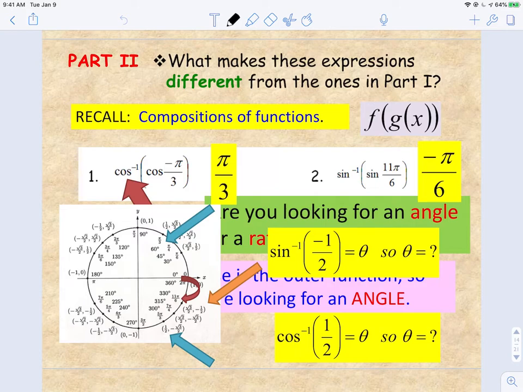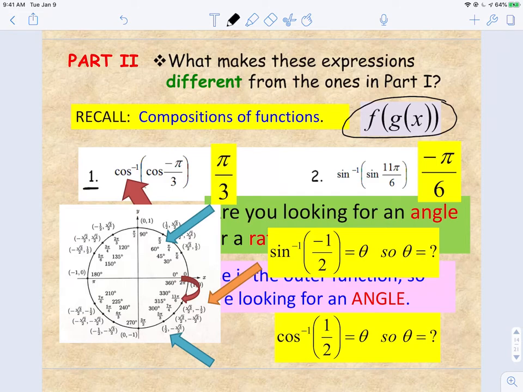So let's start with problem number 1 right here. This is called a composition function. If you'll look right here where they've got f of g of x, you remember learning about composition of functions in algebra. And so it's very similar to that. And you will work from the inside out.